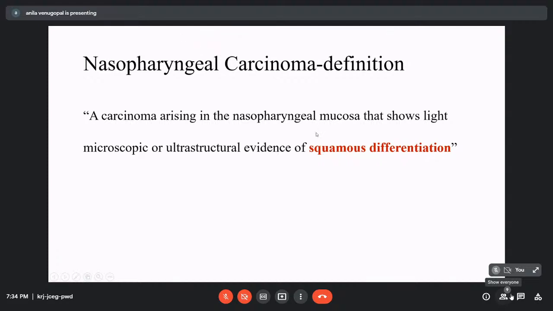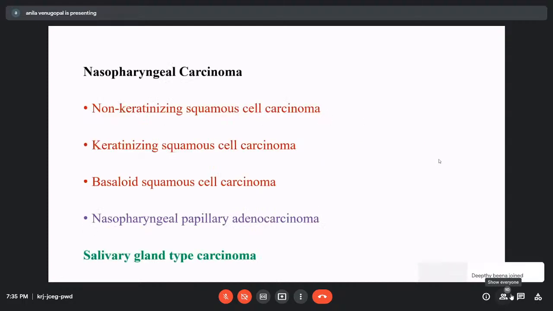This squamous differentiation is important because other types of carcinomas can also rarely arise in the nasopharynx, but when we write down the diagnosis as nasopharyngeal carcinoma, we are implying that it is a squamous cell carcinoma. All other carcinomas can't be diagnosed as a nasopharyngeal carcinoma. You can't use that terminology.